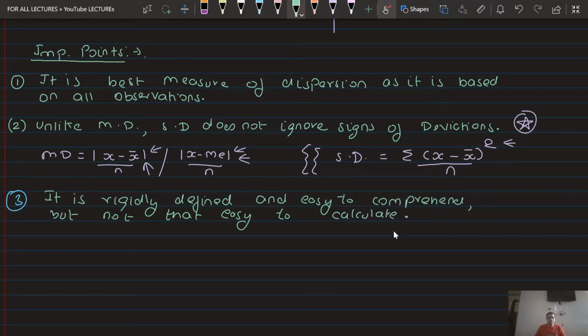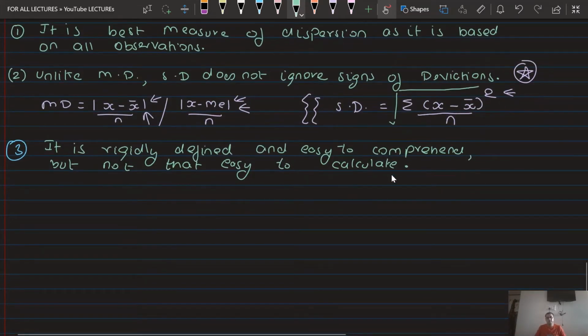Why isn't it easy to calculate? Because the standard deviation has the formula x minus x bar the whole square, summation of that, which is a very difficult calculation. And after getting all those calculations, again you have to take the square root, which is more difficult to calculate orally for some different numbers which are non-perfect squares. So we have to remember that it is easy to comprehend, but it is not so easy to calculate the value of standard deviation.